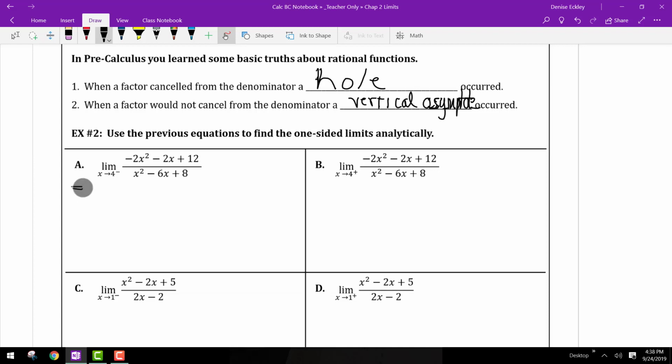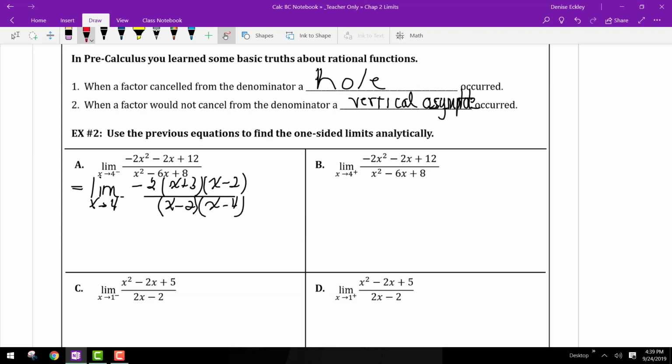So we're going to rewrite this as the limit as x approaches 4 from the left. The top factors into -2 times x plus 3 times x minus 2, and the denominator factors into x minus 2 times x minus 4.